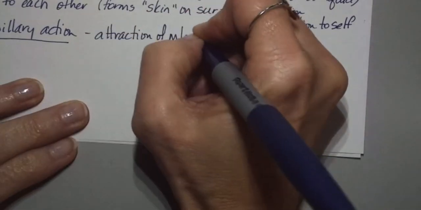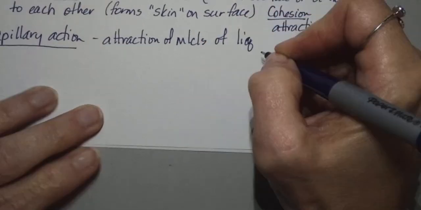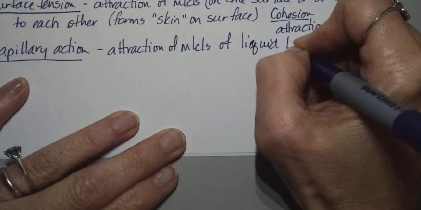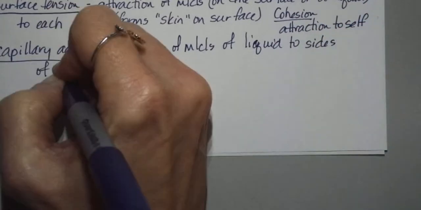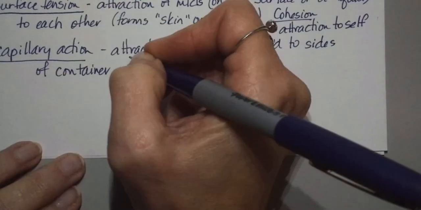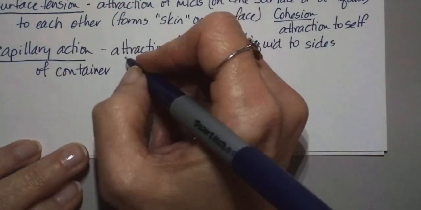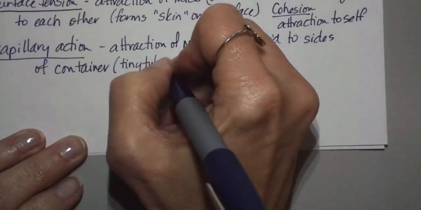And when I say the container, it's a tiny tube called a capillary. When we say the word capillary, we're talking tiny tube. This is adhesion, and that's attraction to other stuff.